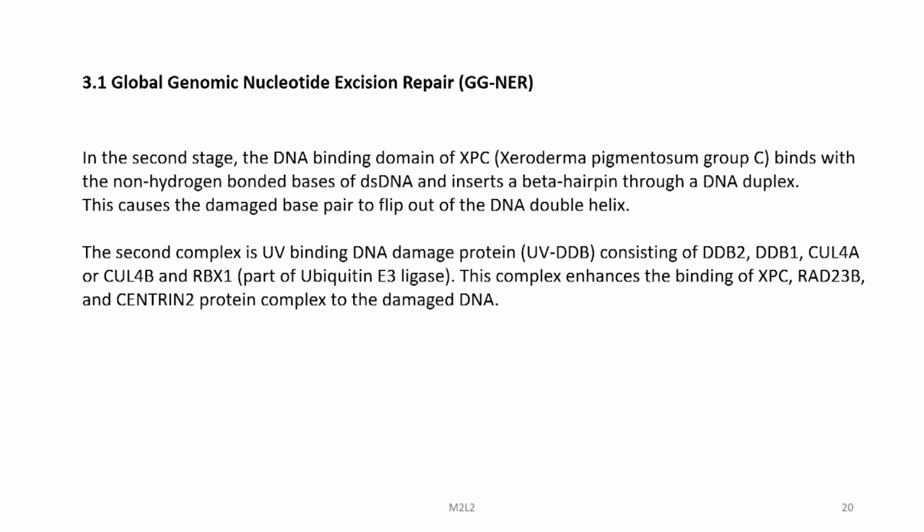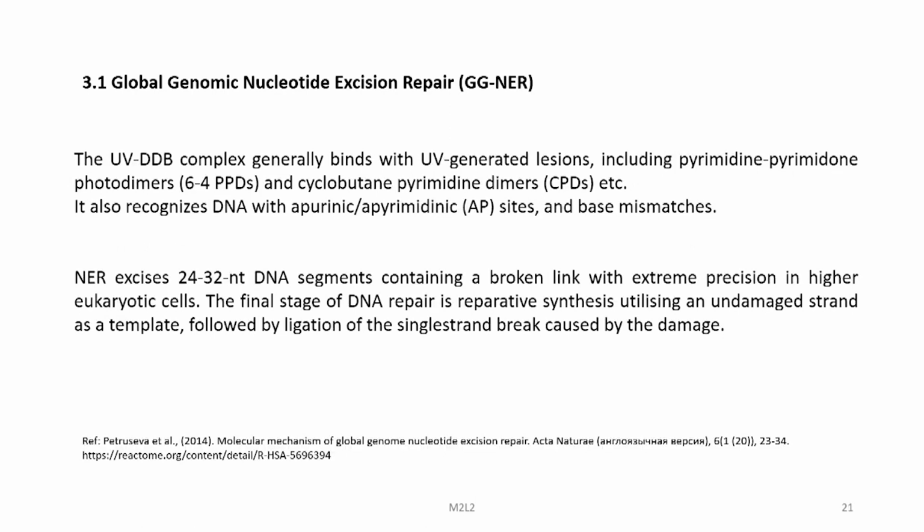This causes the damaged base to flip out of the DNA double helix. The second complex is the UV damaged DNA binding protein consisting of DDB2, DDB1, CUL4A or CUL4B and RBX1. This complex enhances the binding of the XPC, RAD23B and centrin 2 protein complex to the damaged DNA.